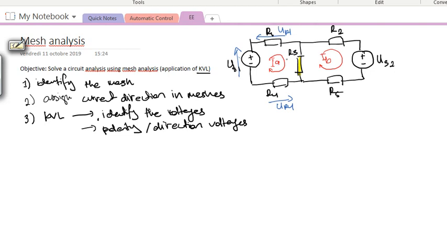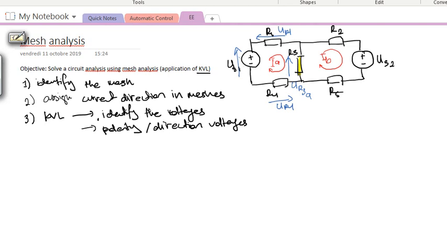The voltage affected by current IA goes in this direction, opposing the direction of current. We call this voltage UR3, but UR3 due to the current in mesh A, so UR3A.